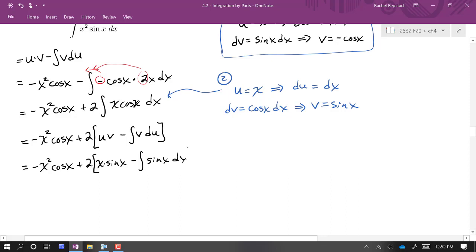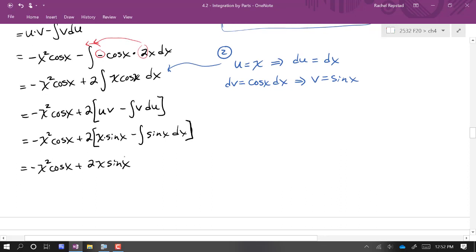Now I'm feeling pretty good about this because this integral is one that we do know how to do. We don't have to do another round of integration by parts. Just so I don't do too many steps at once and make a mistake, I'm going to distribute this 2 first, and then I'll do the integration.